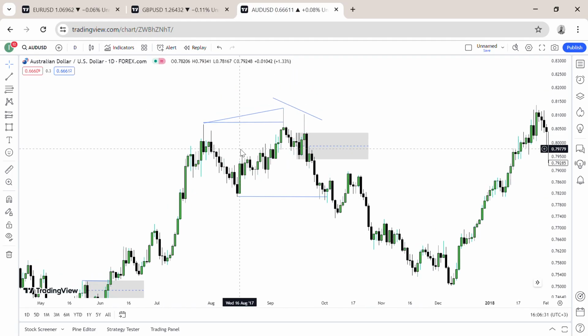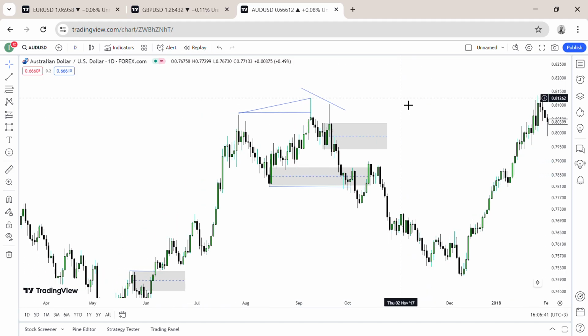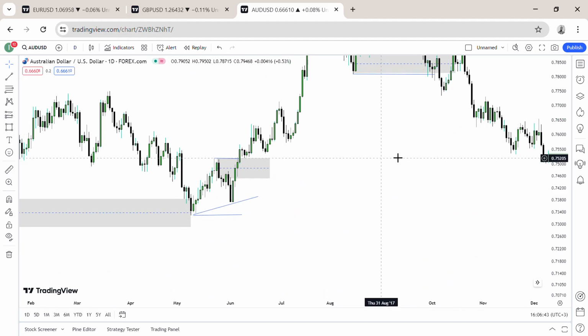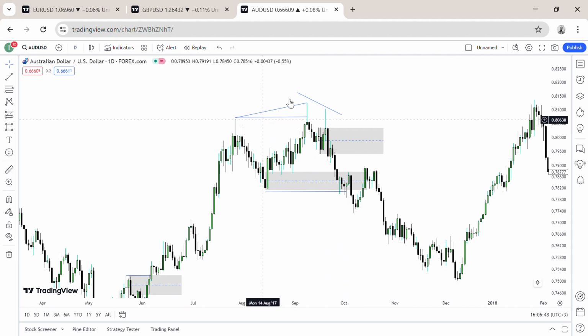So for me, I will consider this first candle as a breaker block, not a mitigation block, because I said a mitigation block causes a failure swing, but a breaker block causes a new high before trading back down, displacing below the low where the price began. All right, so this is a breaker block and this is a mitigation block.